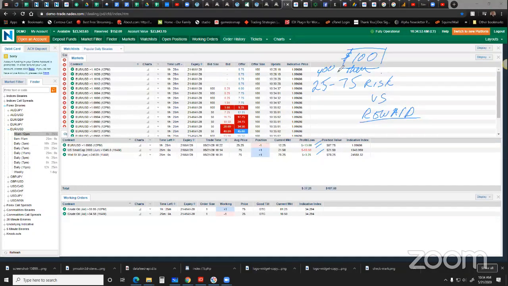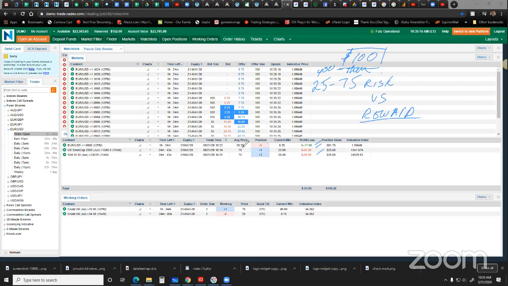So the process here is that there's always an equality of 100 units or dollars or whatever, right? So it's just 100. So if I'm risking 25, the other person's risking 75, or in this case, I'm looking to make 25, the other person's looking to risk 75.